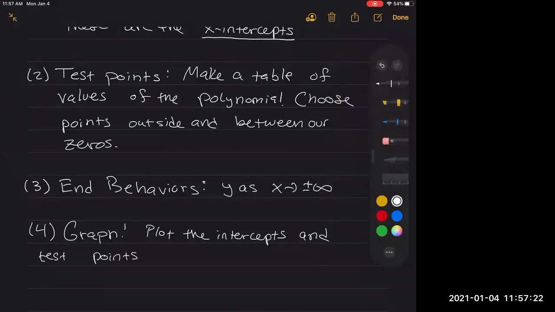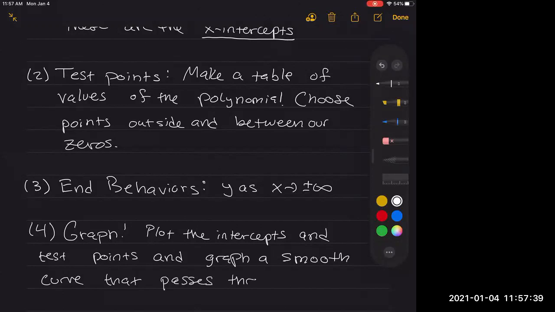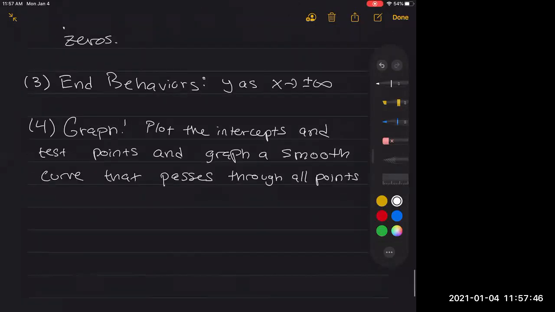We're going to graph a smooth, because all polynomials are smooth, curve that passes through all points, and also has the proper end behavior.